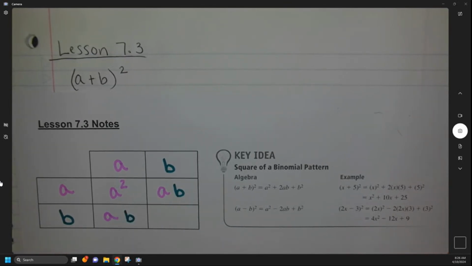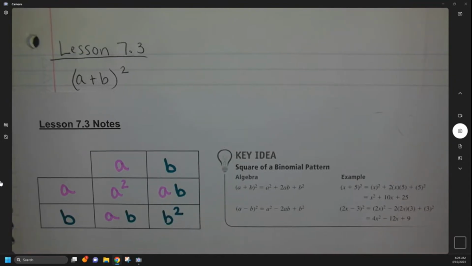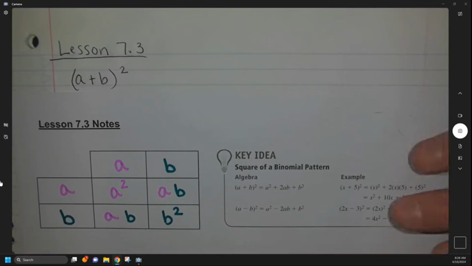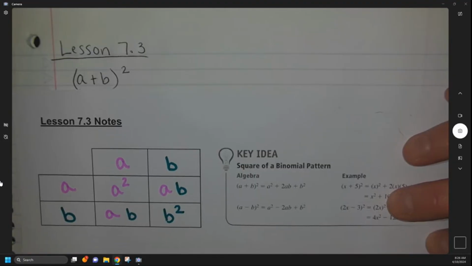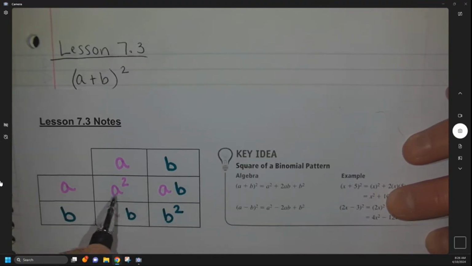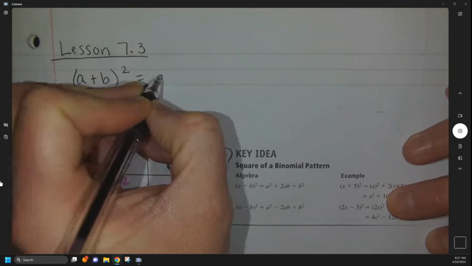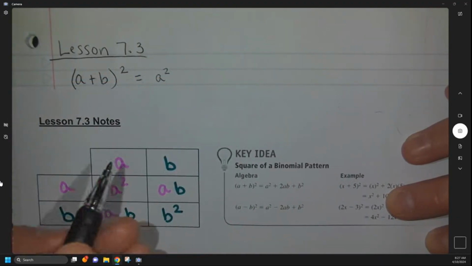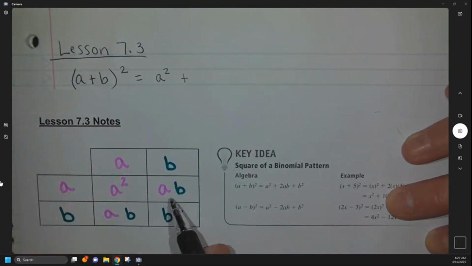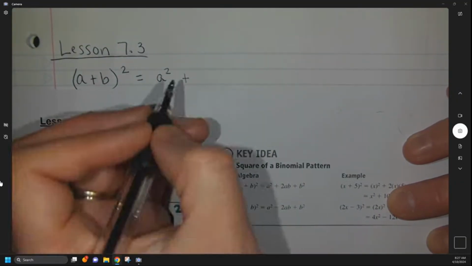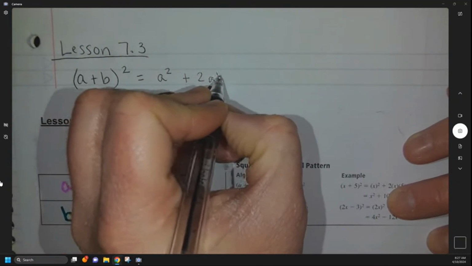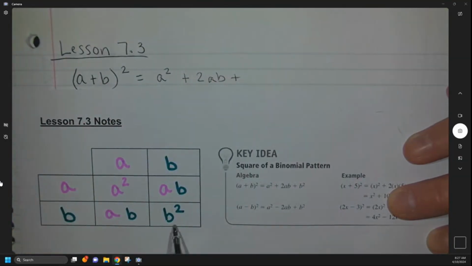And then on our last box, we've got B times B, which is B squared. So if we take that A plus B to the second power, we see that it becomes A squared plus two sets of AB plus B squared.